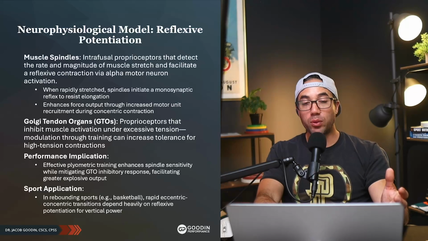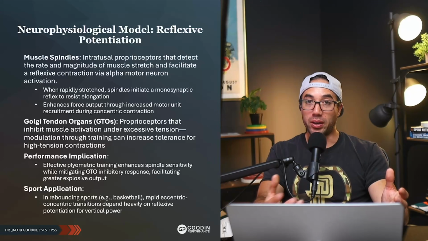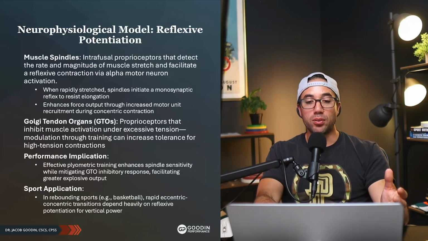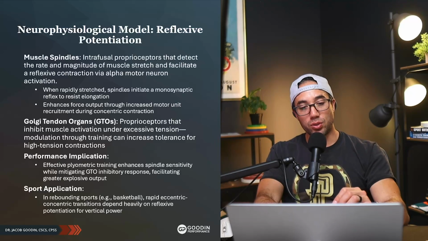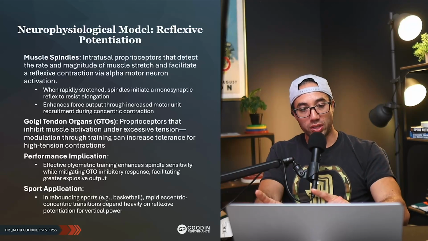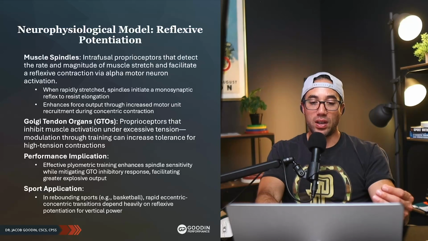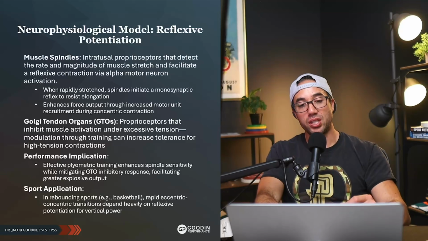So when we're applying this to sport, like I've said, in rebounding sports like basketball, or let's say volleyball coming down for a block or from a block, rapid eccentric to concentric transitions depend heavily on the reflexes and their ability to potentiate vertical power.